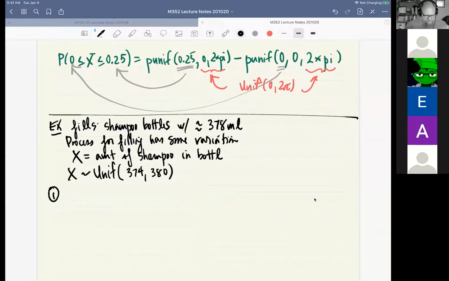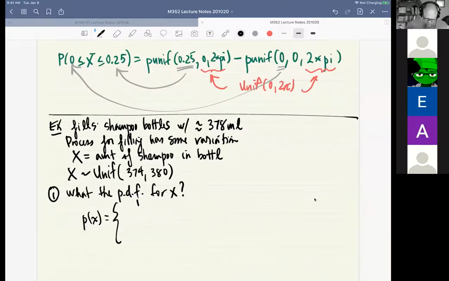So let's answer a couple questions about this. What's the PDF for this random variable? The probability density function. Well, we know the PDF is basically 1 over b minus a, where a and b are the interval endpoints. So we know here our PDF is going to be 1 over 380 minus 374.